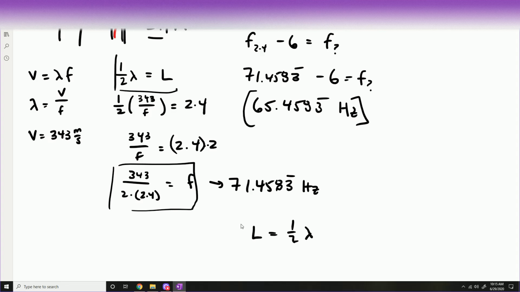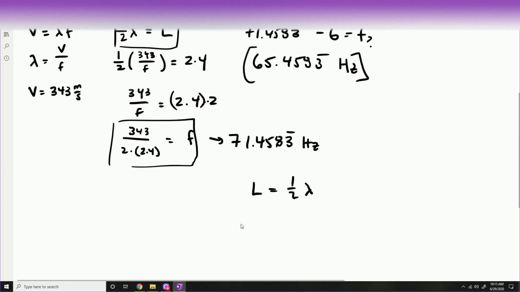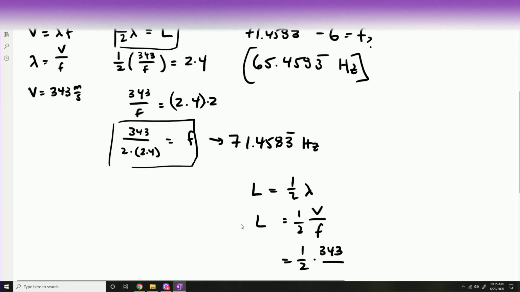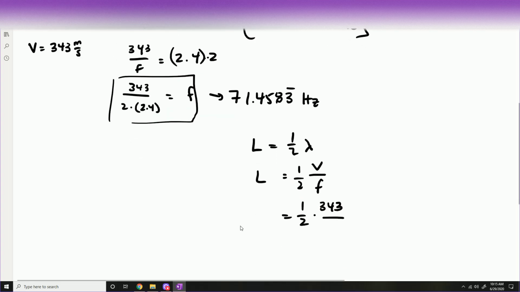I'll just start with here again because I want length by itself. And wavelength is equal to the speed divided by the frequency. And we know that the speed is 343 because they told us that. And the frequency we said is 65.4583 repeating. And that's going to give us our length.